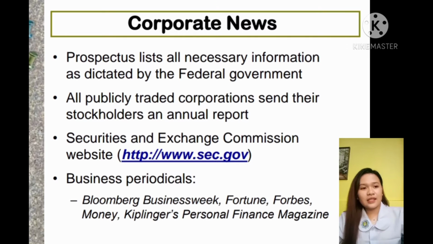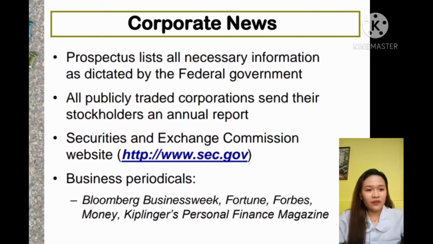So, next is corporate news. Ngayon po kasi is limited na yung mga newspapers na nagkakaroon ng financial coverage. Ini-eliminate na nila or nire-reduce na nila yung pagbibigay ng financial information. So, yung mga natitira na lang ngayon that still have some information about stocks is yung Wall Street Journal and Metropolitan newspapers.